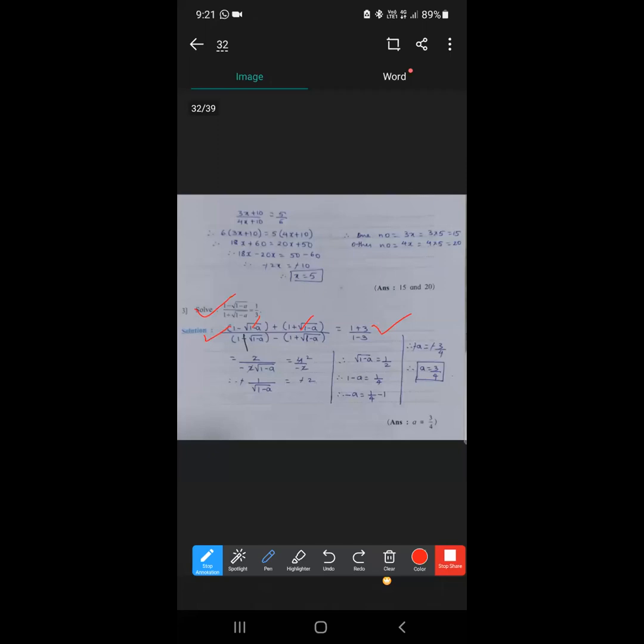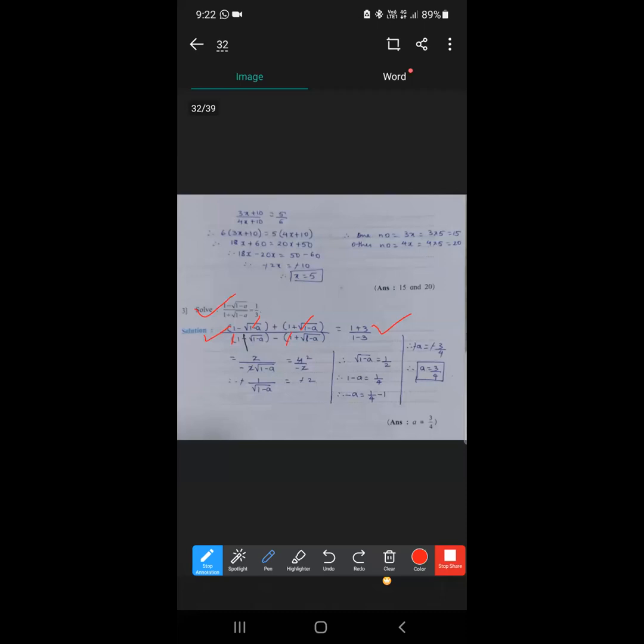In the denominator, plus 1 and minus 1 get cancelled, and the minus under root 1 minus a remains twice. Why? Because the minus sign is there, so when I open the bracket, the sign will change. So it will be minus 2 under root 1 minus a.